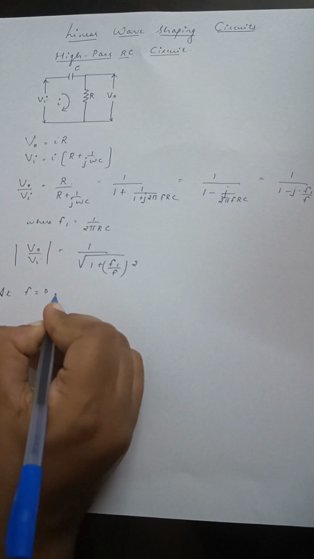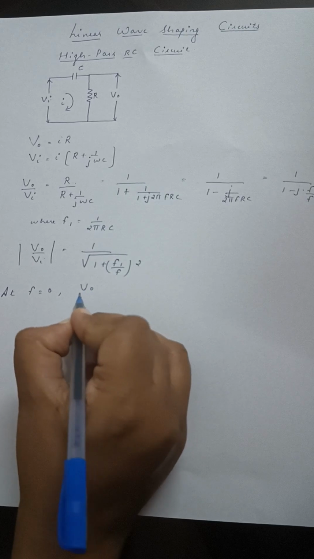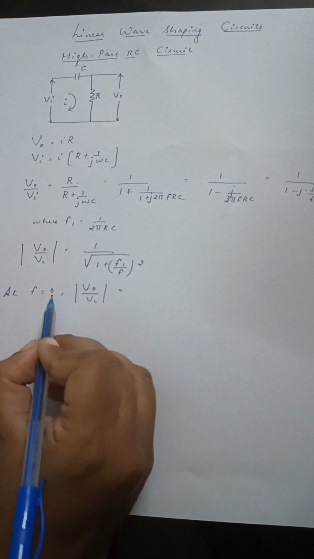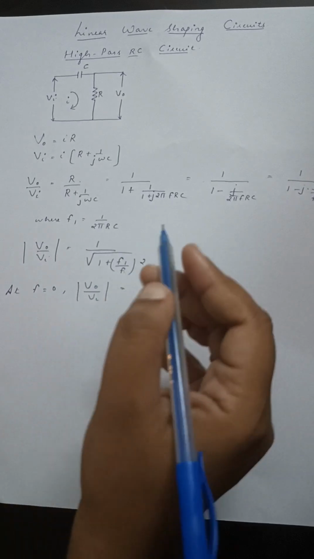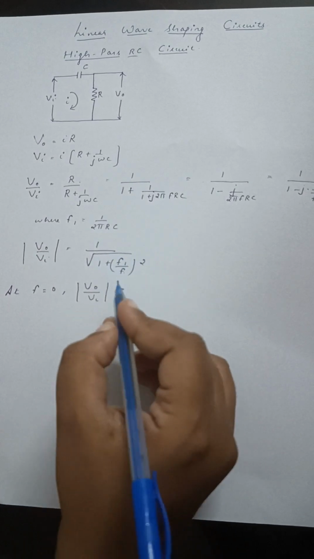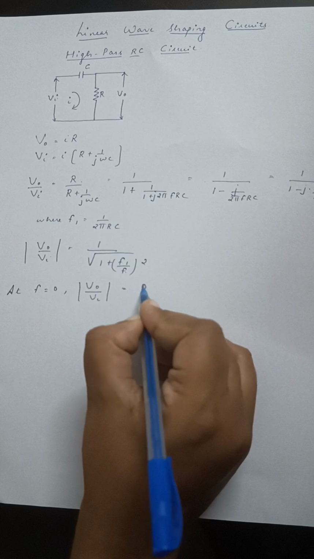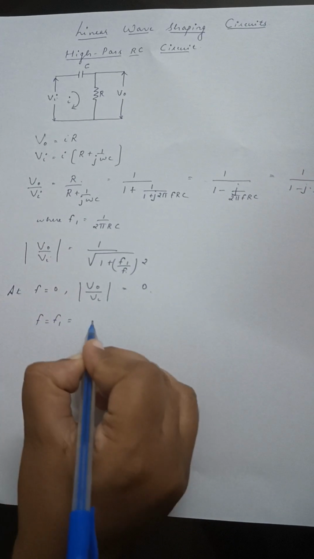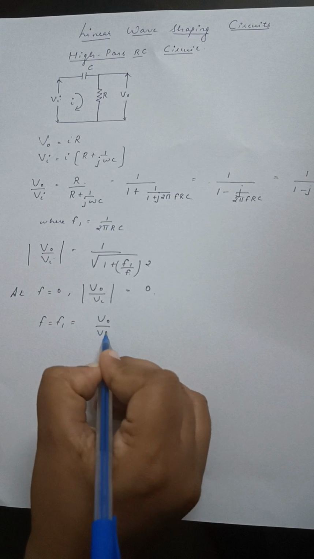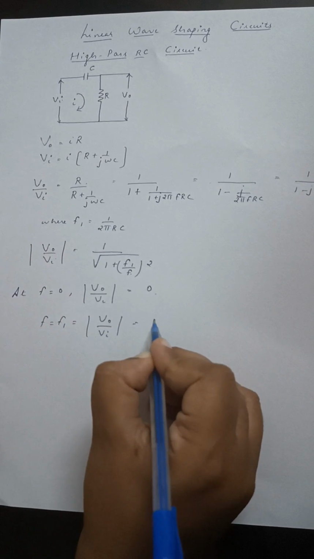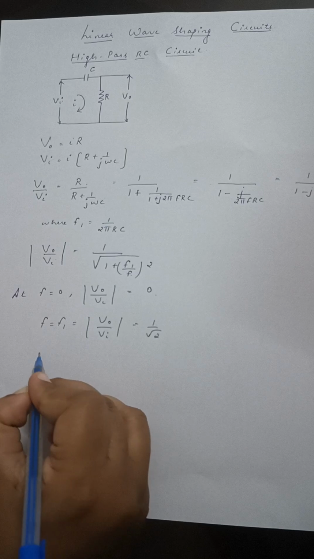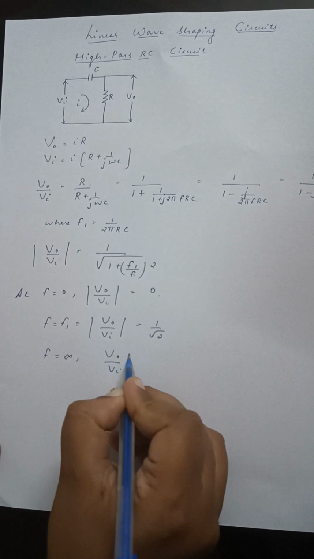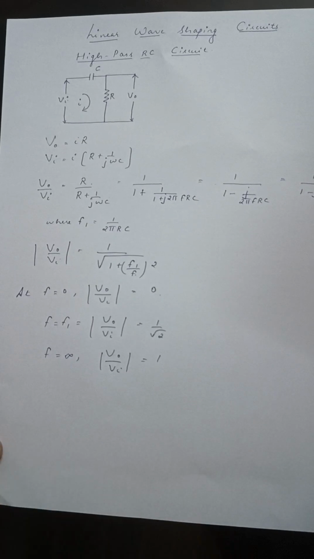At f is equal to 0, substituting in this equation, we get Vo by Vi is equal to 0. Next condition, at f is equal to f1, Vo by Vi is equal to 1 by root 2. Next condition, at f is equal to infinity, Vo by Vi is equal to 1.